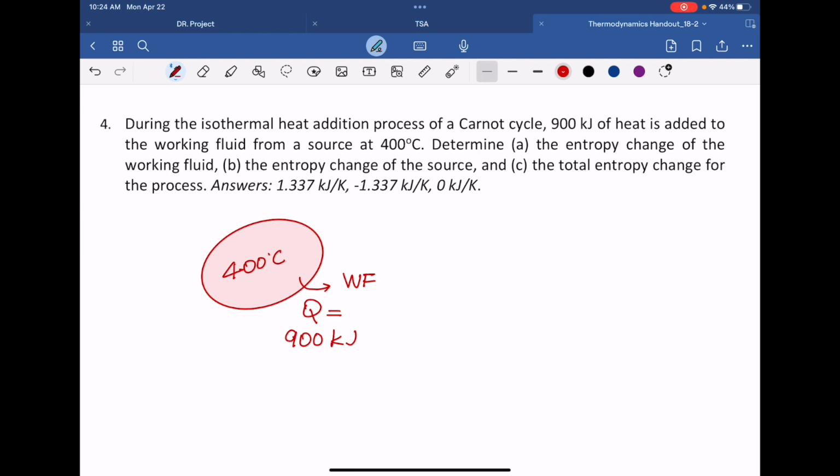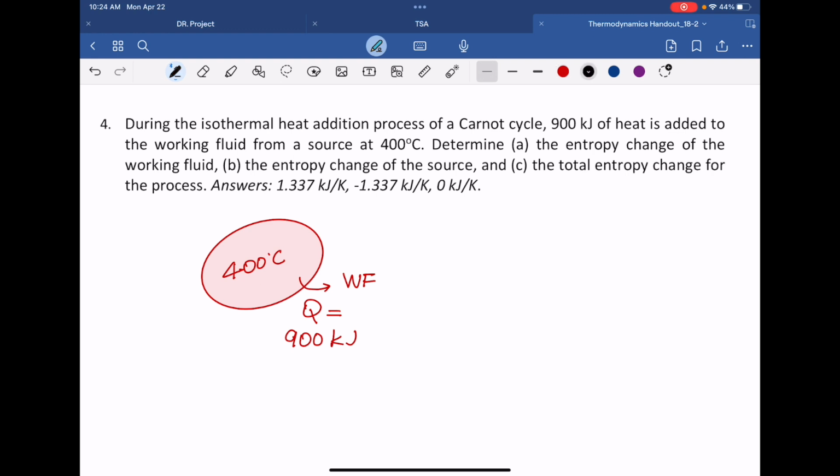Now, this is an isothermal reversible process because the statement says it's an isothermal process, first of all, and the temperature doesn't change, right? Especially for the source we are talking about. We should be able to use the Q over T equation to solve individual changes in the entropy.